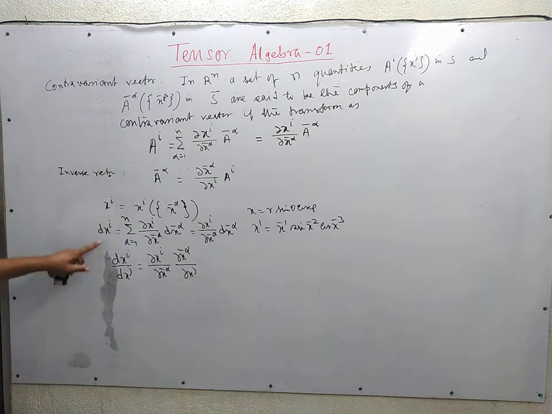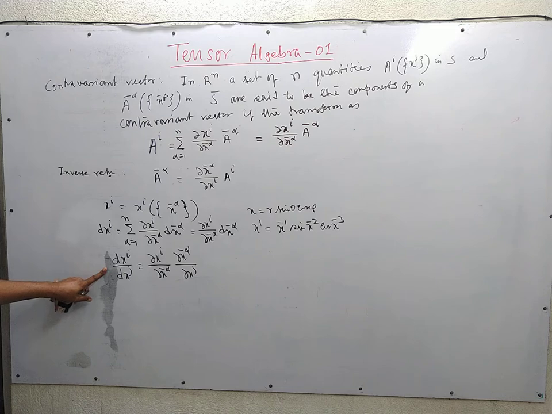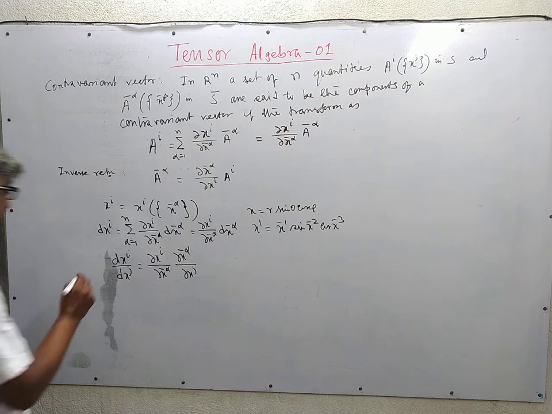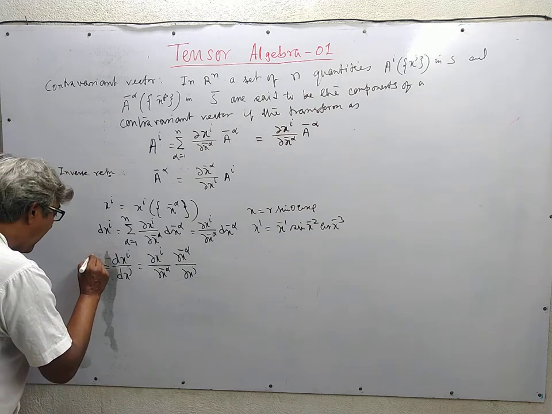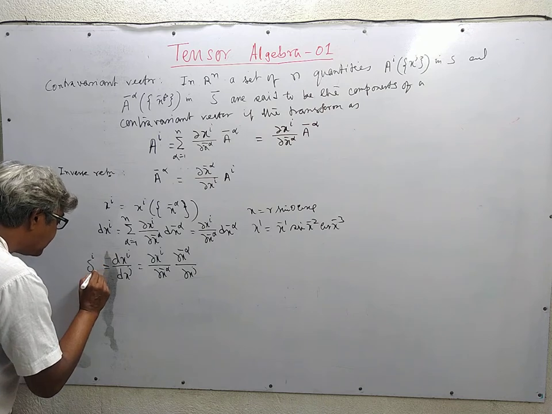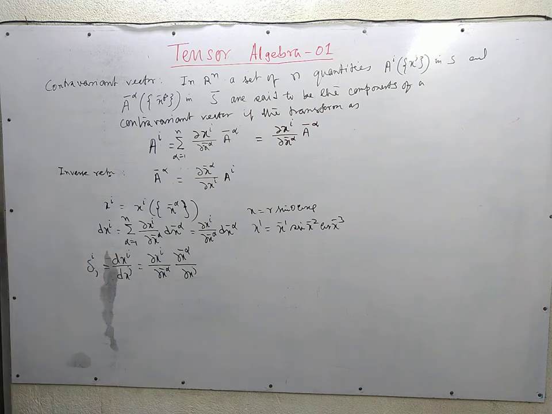And the quantity on the left hand side is 1 when i is equal to j, and it is 0 when i is not equal to j, because the xi's are independent of each other. That is to say, it should be a Kronecker delta, and we write it as delta ij.